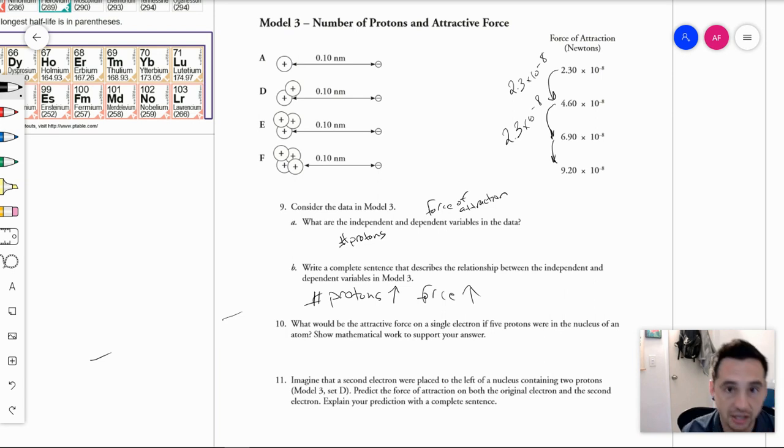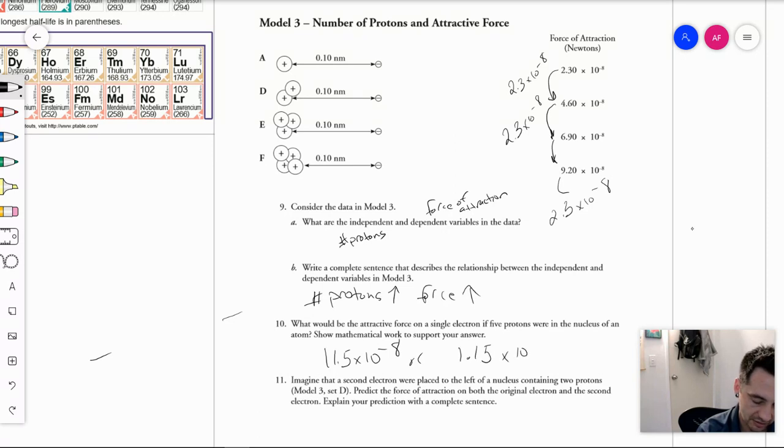So if we were to add another proton, we'd be adding 2.3 times 10 to the negative 8. So add 9.2 plus 2.3, you get 11.5 times 10 to the negative 8. Or more accurately, it's 1.15 times 10 to the negative 7, because that is correct scientific notation.